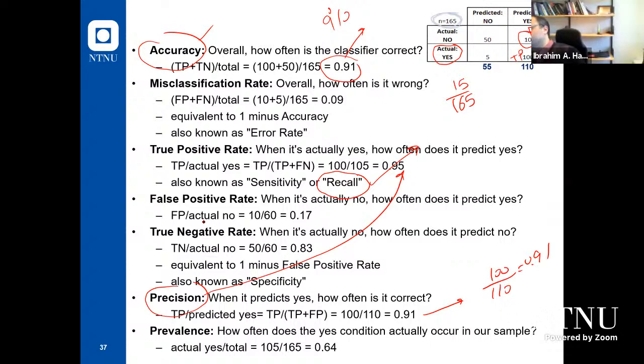In my data set, in the ground truth, how many yeses do I have, and how many of them can you predict? So many people are sick, and recall is the best metric because it shows how many of the sick people are recognized. Yes, this is correct.